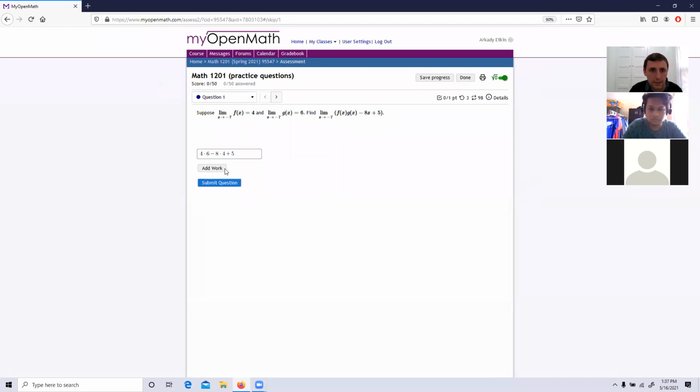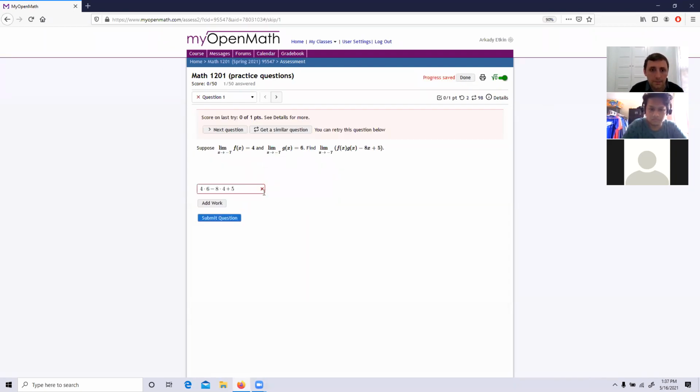Let's see if it gives me the score. So it's 4 times 6 minus 8 times 4 times 5. What does it want? Maybe it doesn't understand multiplication, but regardless, it's an easy question. No, not why, 8 times minus 7. Ah, yes, 8 times minus 7, that's correct.